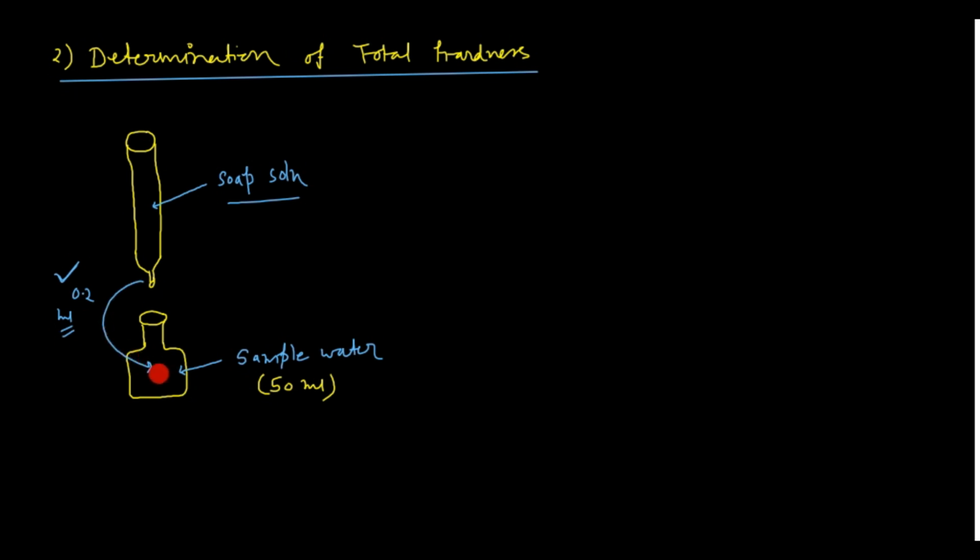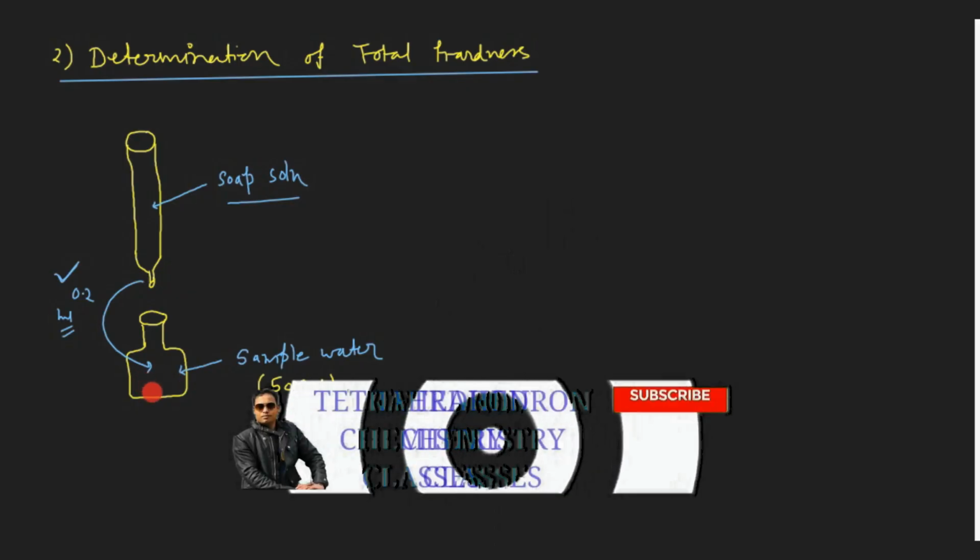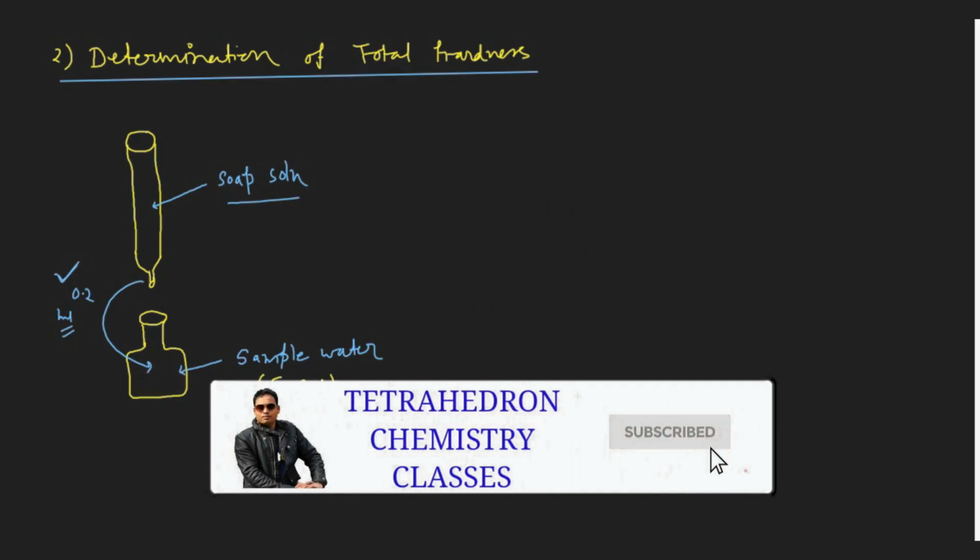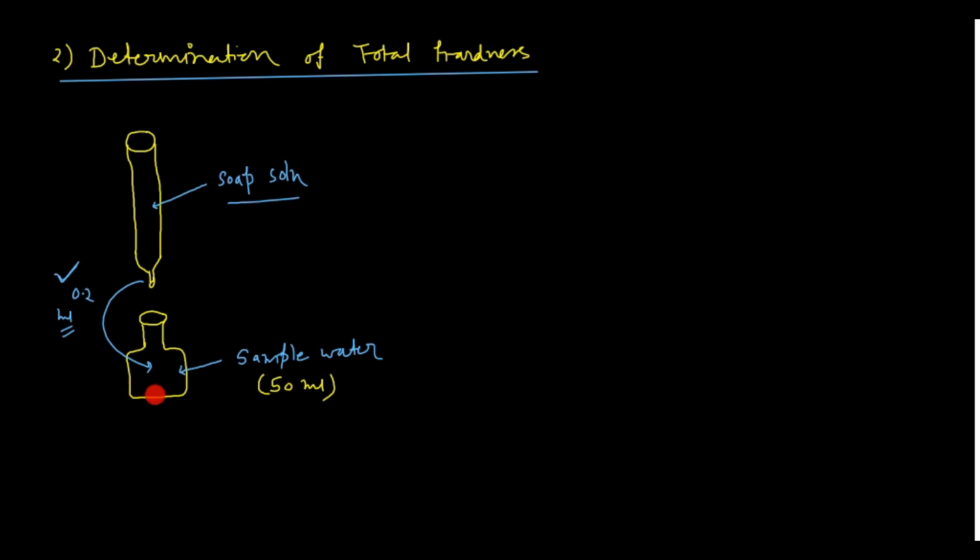Once I observe the formation of the lather, then I'll slowly add this soap solution drop wise to this same bottle and shake the reaction mixture well, and I'll end this procedure of determination of the soap solution volume when the lather which is formed in the bottle will persist at least for 2 minutes. So it is very, very important. Your lather must persist at least for 2 minutes, right?